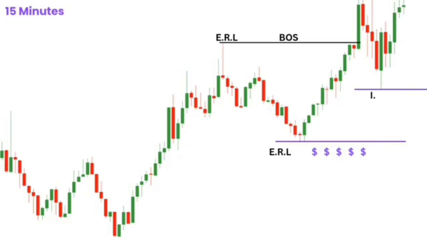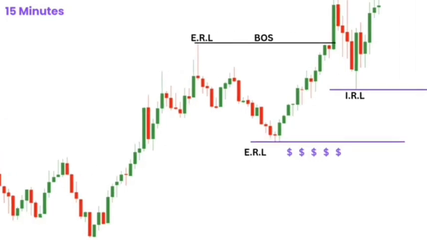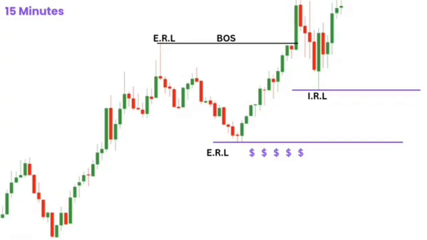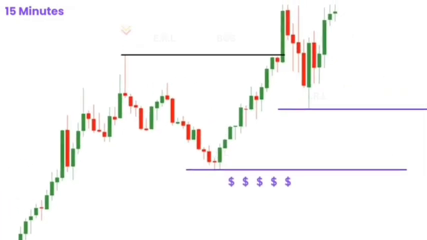Now, the price can either sweep this internal liquidity before moving higher, or it can sweep the liquidity resting above the main swing level and then continue its upward move. Here's an important point. This is our main swing high, also known as the higher high. Many traders may have placed sell orders here, so yes, liquidity exists at this level as well.